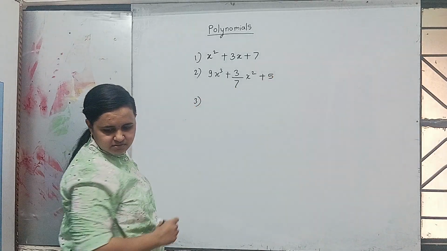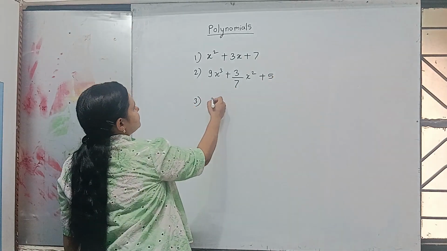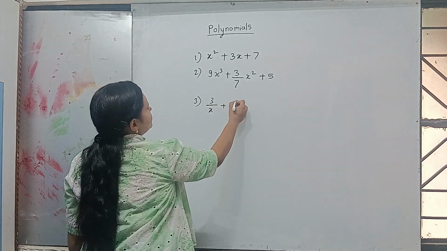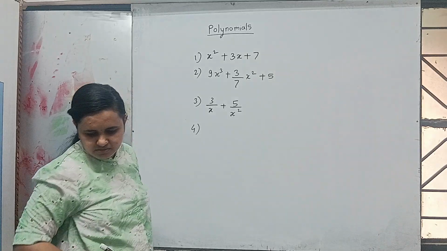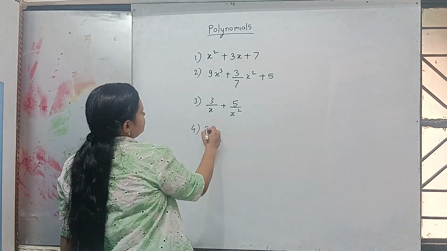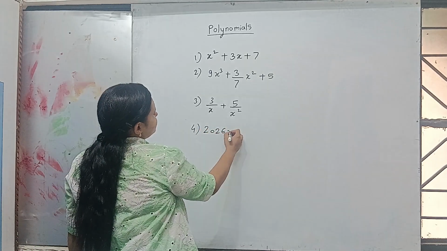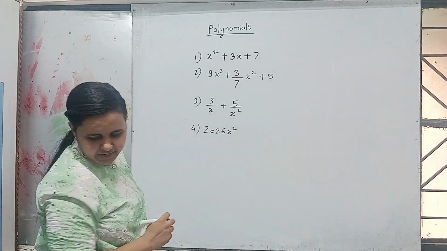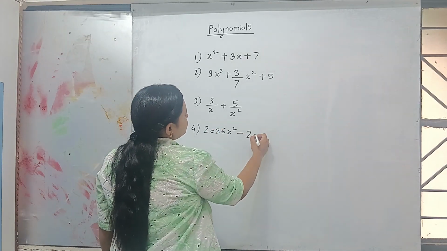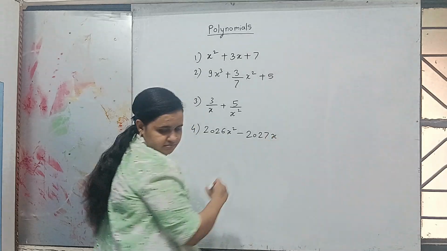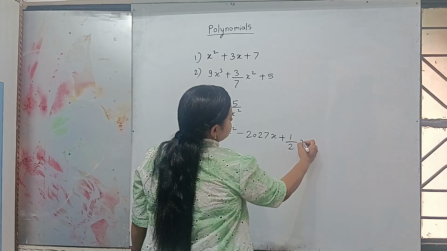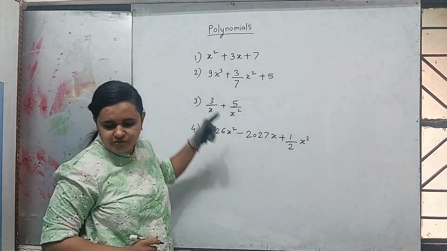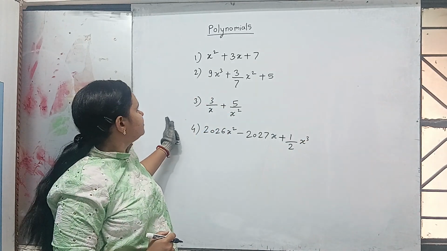Third one is 3 upon x plus 5 upon x square. And fourth one is 2026 x square minus 2027 x plus 1 by 2 x cube. So which of the following is a polynomial?